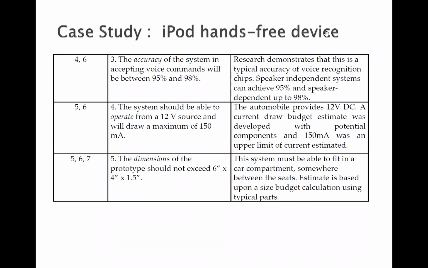We are continuing on this case study. Here you can see again an engineering requirement, accuracy, with some figures here. And it seems that there is research on which this requirement is based. And this again targets marketing requirements 4 and 6.